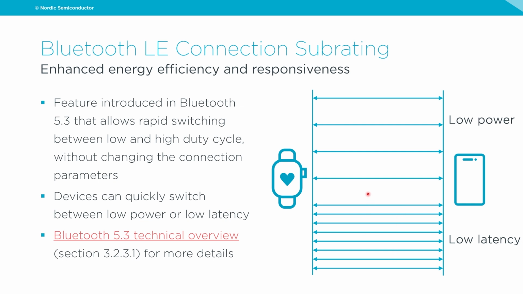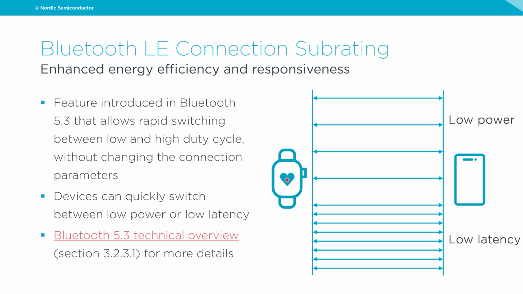The challenge with changing connection parameters to go from low power to low latency mode is that changing the connection parameters in itself also takes multiple connection intervals. Let's say you're, for example, in a 1 second connection interval, and you're sampling a sensor, and all of a sudden your sensor goes above a certain threshold where you want to send data more quickly.